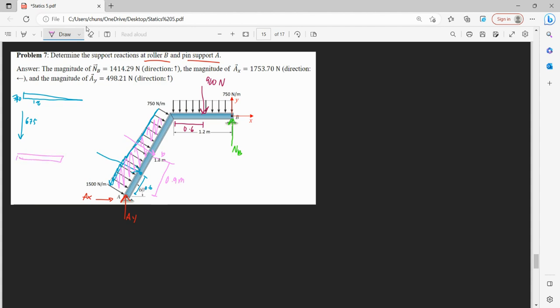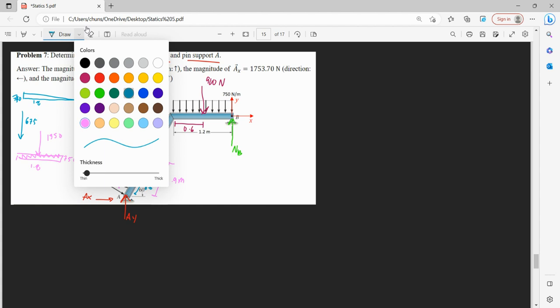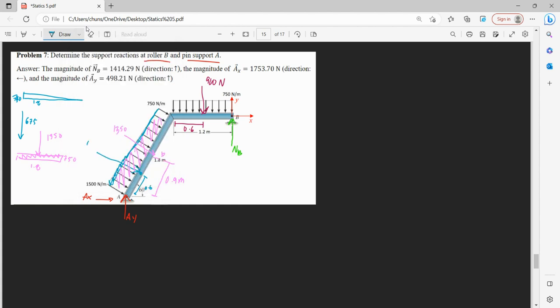And our height is 750 over a length of 1.8, and that gives 1.8 times 750, so it's 1350. Okay, so there are all of our forces.